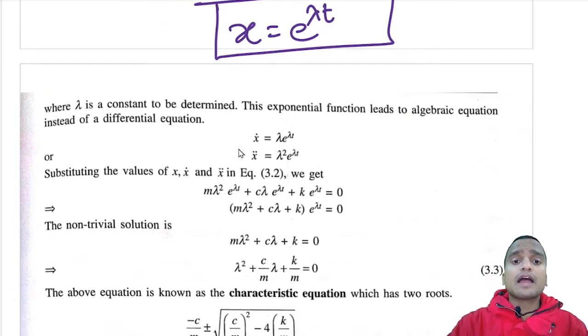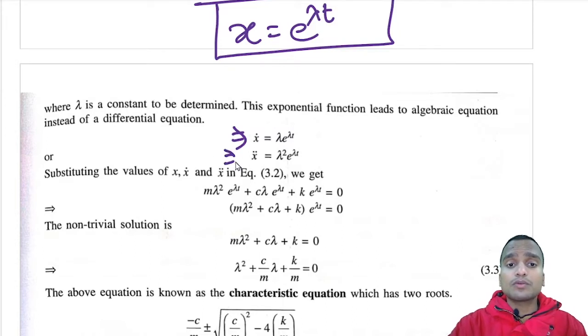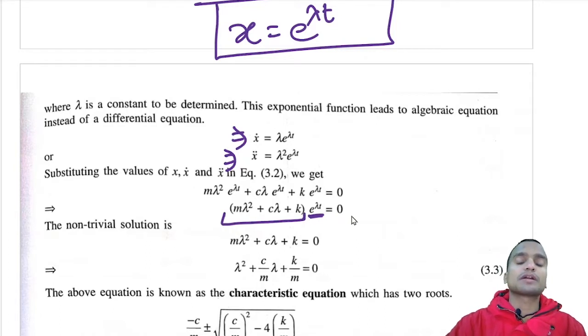If we differentiate this equation, we get x dot equal to lambda e to the power lambda t and x double dot equal to lambda square e to the power lambda t. By putting all these three values in the equation, we see that e to the power lambda t comes out common, and the remaining terms also come in the bracket.